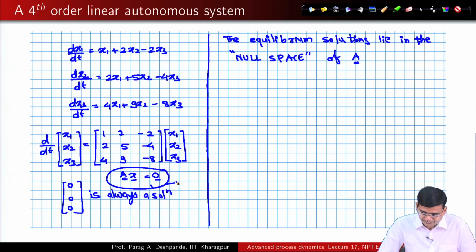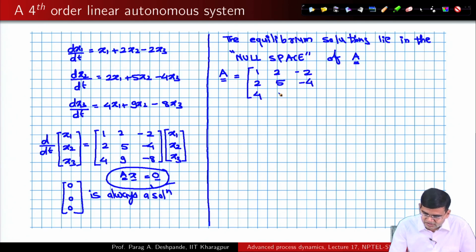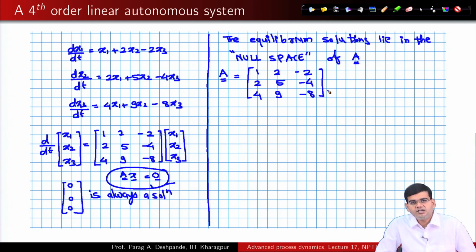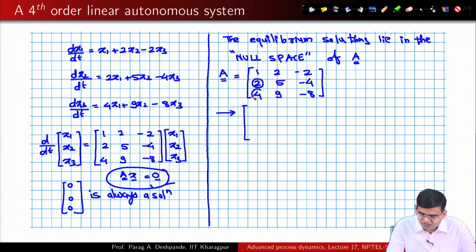Okay. So, I write A as 1, 2, minus 2; 2, 5, minus 4; and 4, 9, minus 8, and I now do elementary row operations to row reduce the matrix A. So, the first step would be to make these elements 2 and 4 zero.